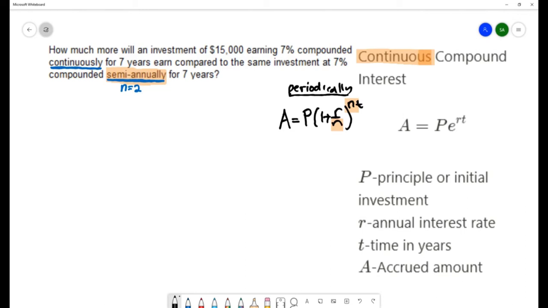But when interest is compounded continuously, that means there's no waiting period between adding the interest.